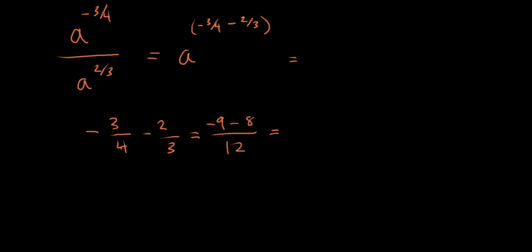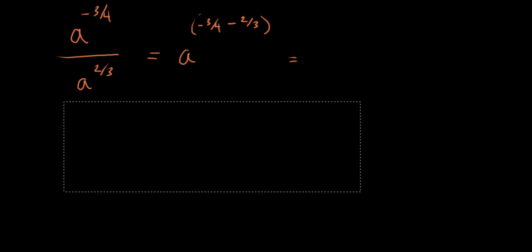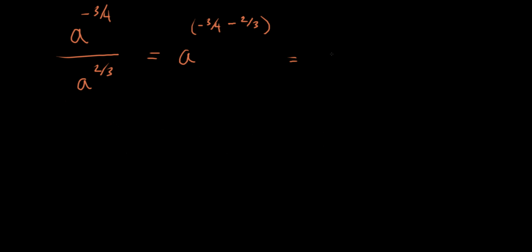Right, so it's a negative and then minus a number. That gives us negative 17 over 12. So the answer here, let me simplify this. This is a to the negative 17 over 12.